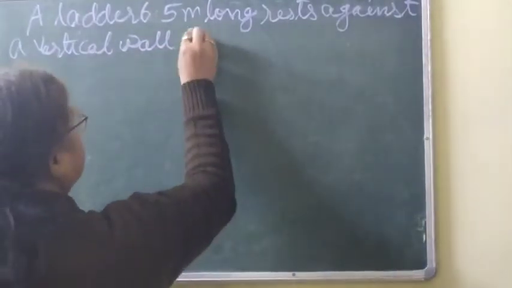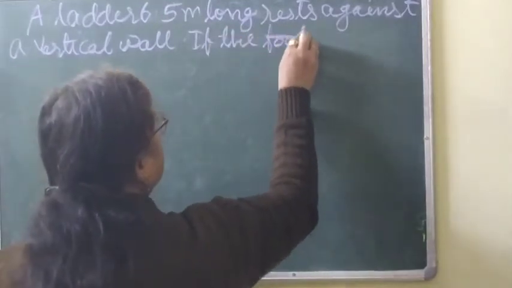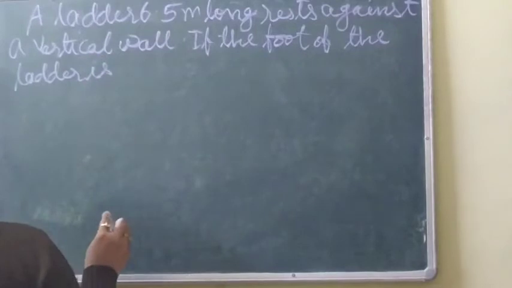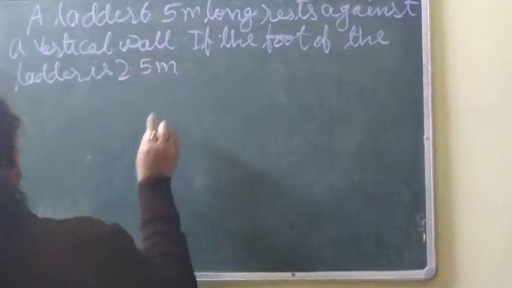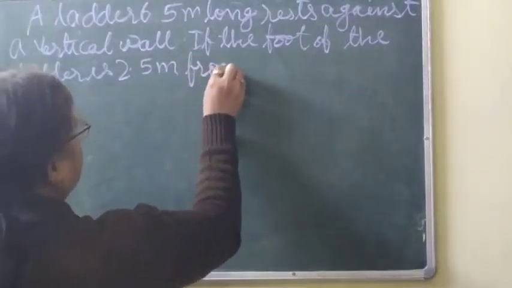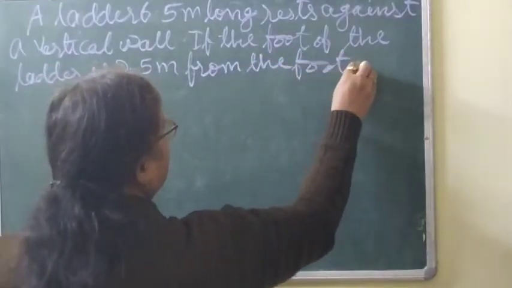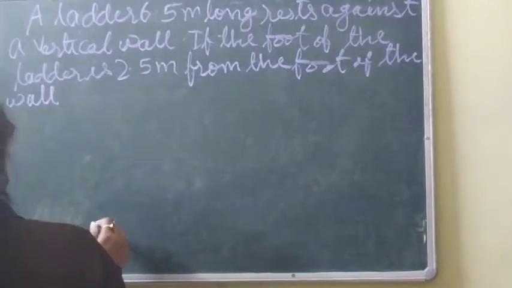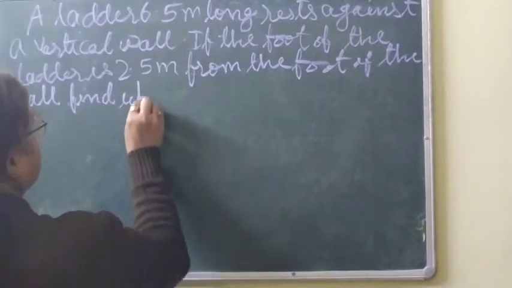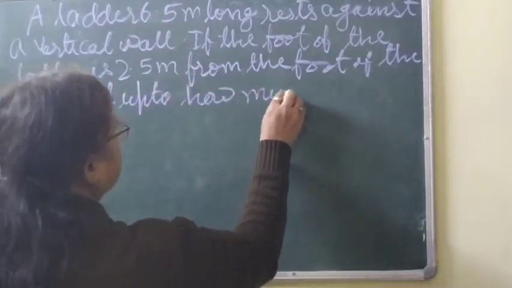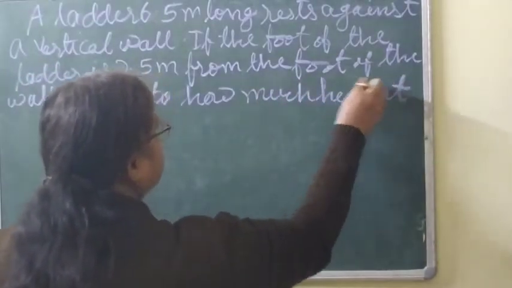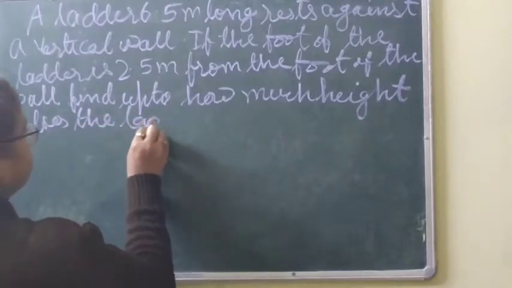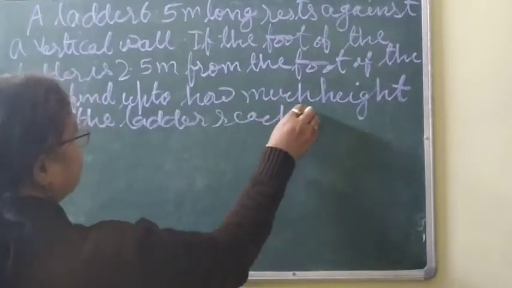If the foot of the ladder is 2.5 meter from the foot of the wall, find up to how much height the ladder reaches. Clear? This is the question.